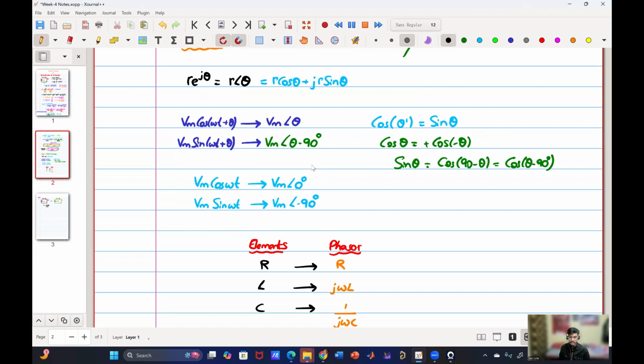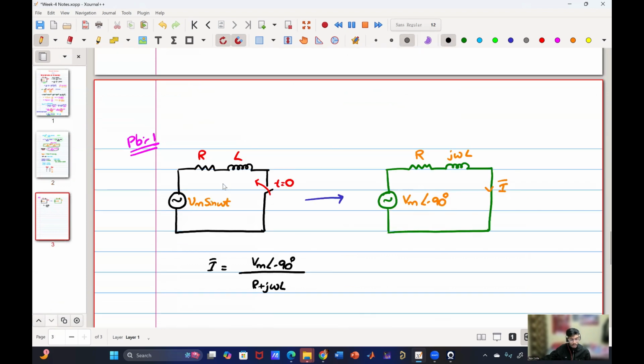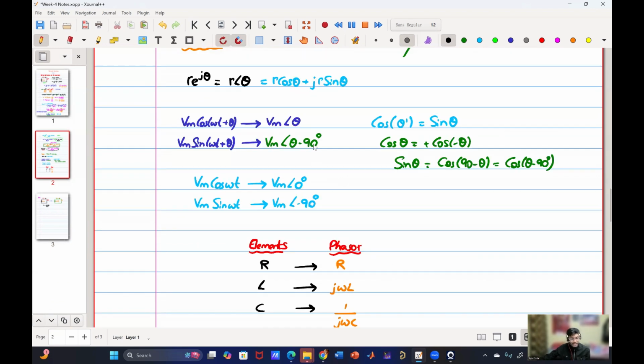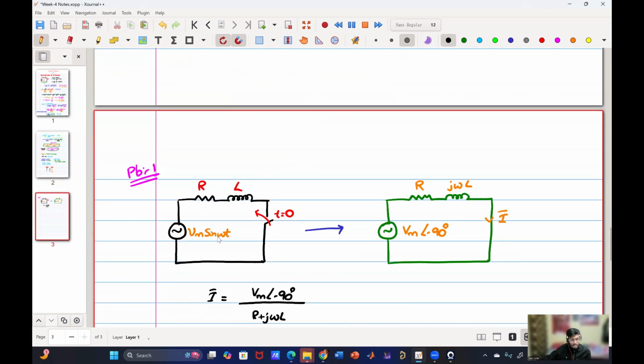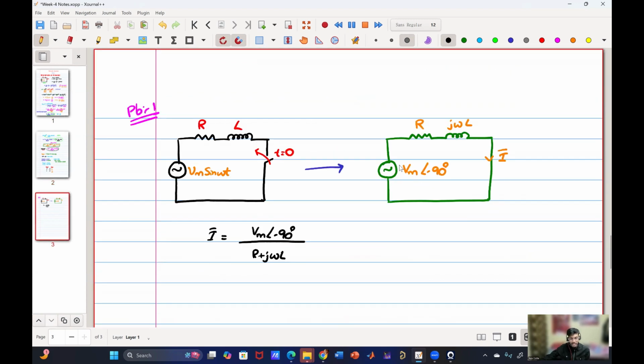Yes, you have to compare under which case it is following. If it is Vm sin omega t plus theta, then the phasor is Vm angle theta minus 90 degrees, right? So in this question, what is the value of theta? 0. So once you substitute 0, you'll get Vm angle minus 90 degrees.